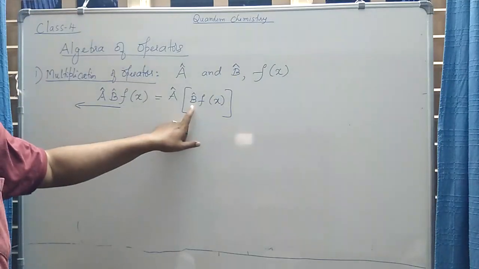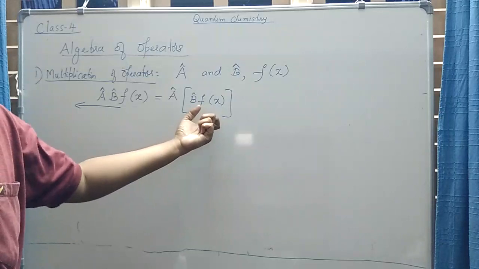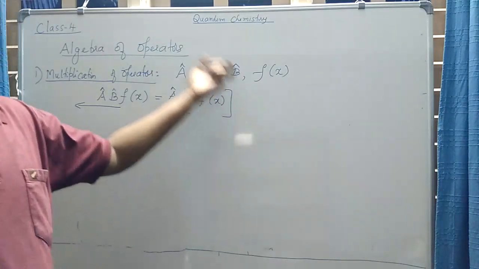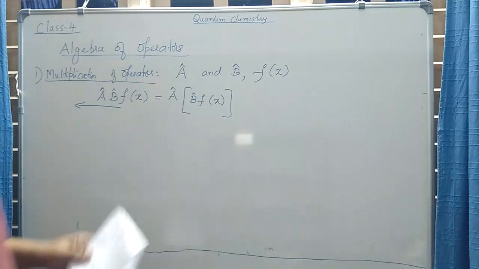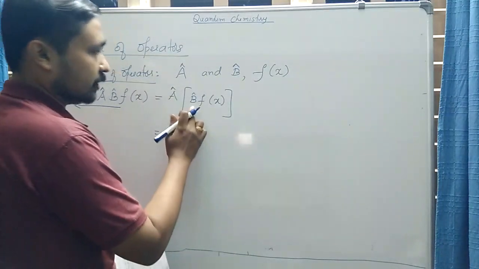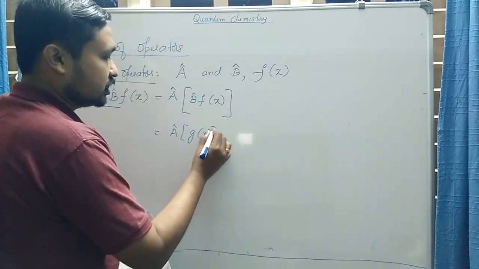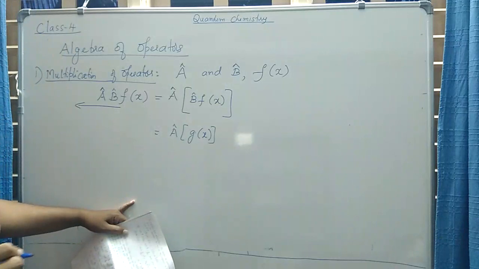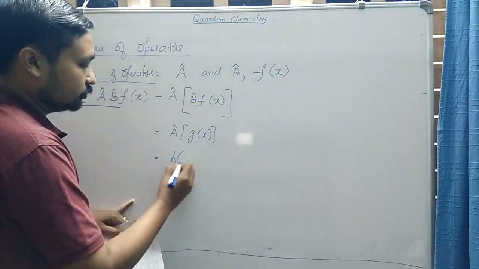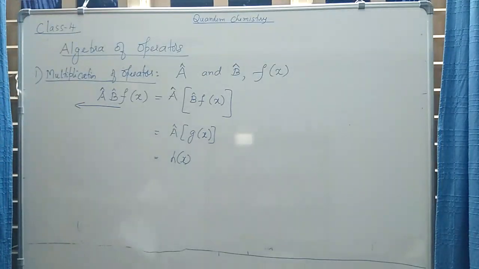First you apply the operator B on the function f of x. It gives a new function g of x, and on this new function g of x you apply the second operator. So this would be A of g of x, and when applied, it gives one more new function, h of x.